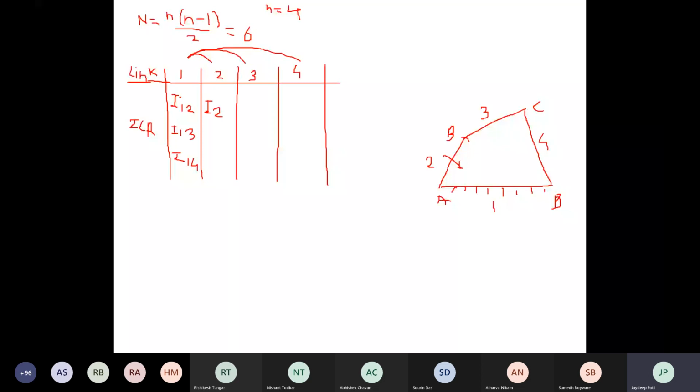Then I 2 3 and I 2 4. Next one is I 3 4. I 4 3 we have already done here.